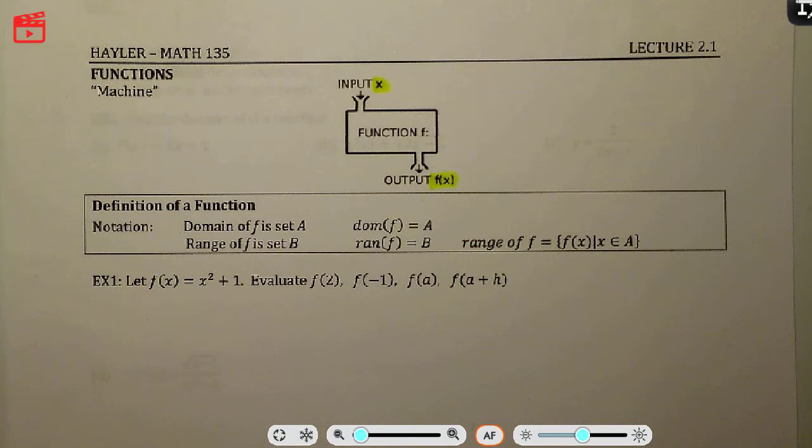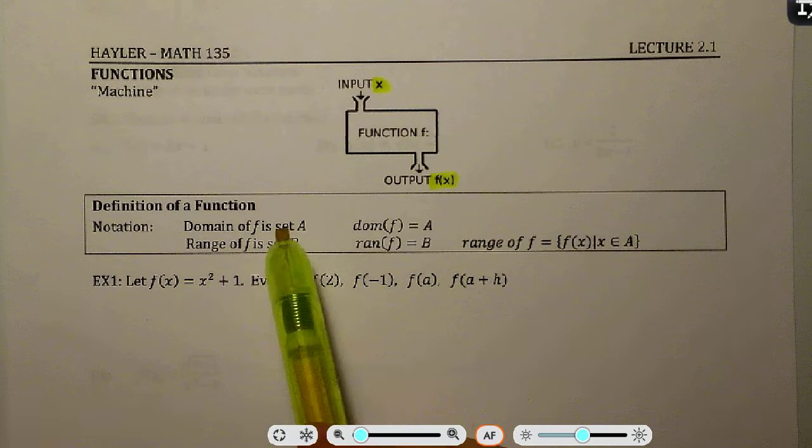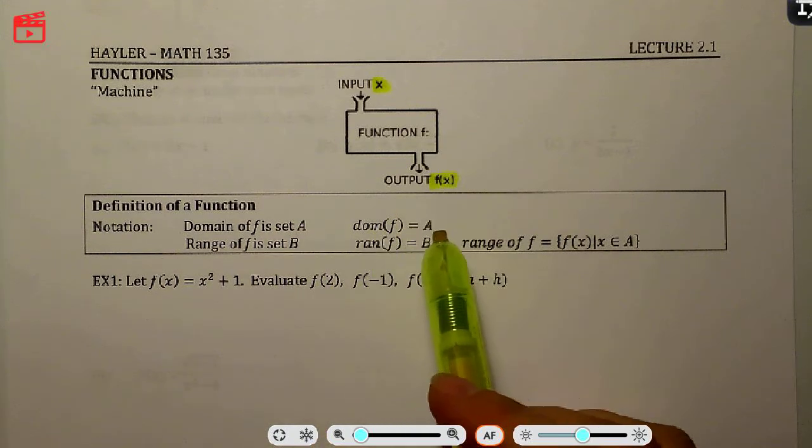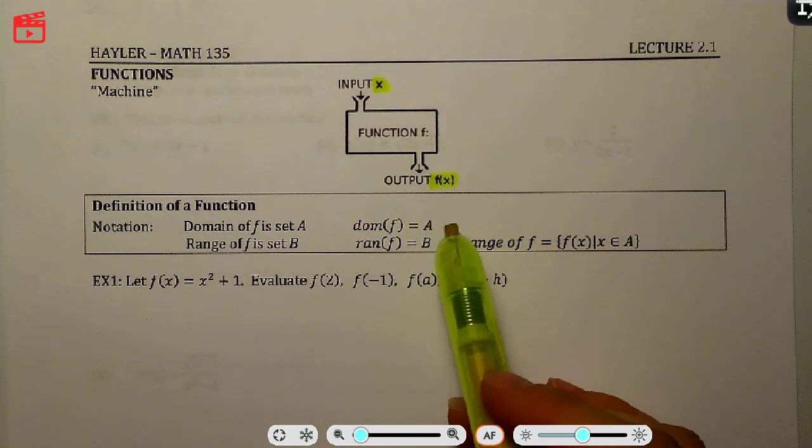So the definition of a function. So the notation. The domain of f is the set A. So the domain of f equals A. Okay, so if the domain of f is all real numbers, we'd write dom f equals all real numbers.